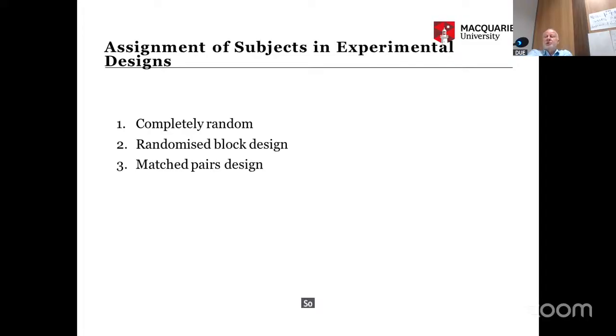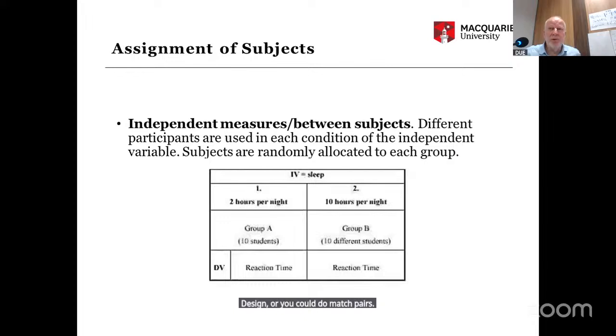So you could assign them completely random. You could do a random block design, or you could do match pairs. So here we want to see the effect of the number of hours sleep you get versus some standard skills. So 2 hours sleep is one group, 10 hours is another.